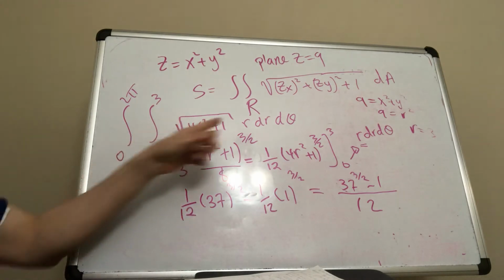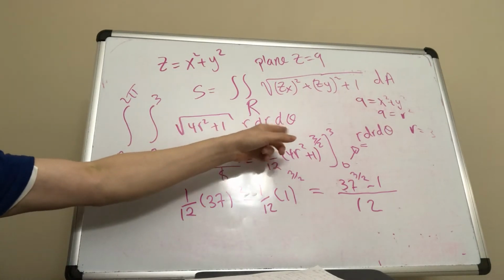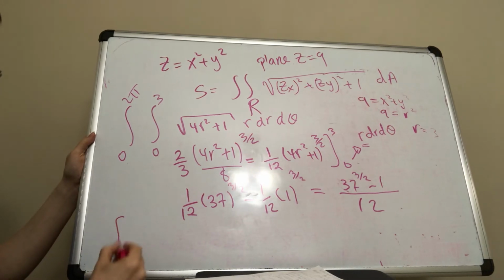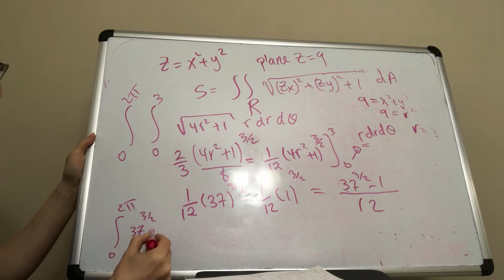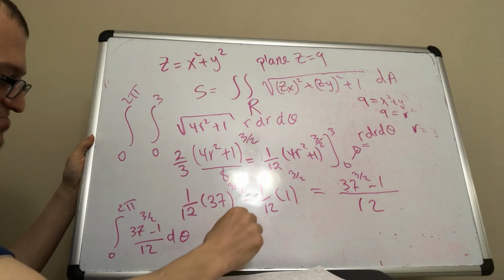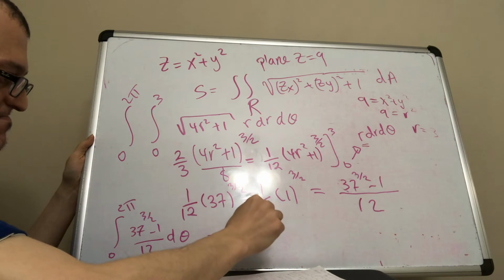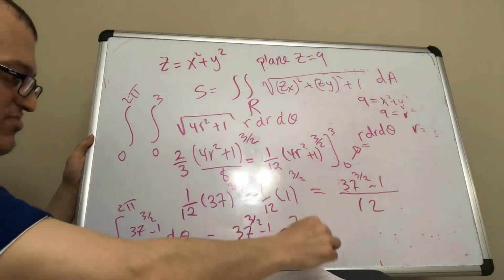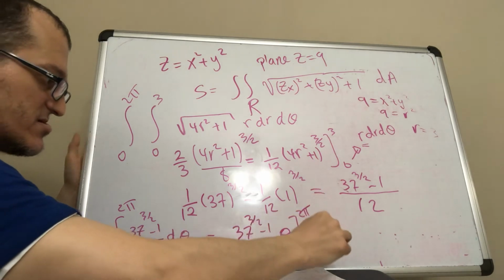This number, now we're going to integrate d theta, from 0 to 2 pi, 37 to the 3 over 2, minus 1 over 12 d theta. A constant integrates to theta, and you plug in 2 pi and 0.